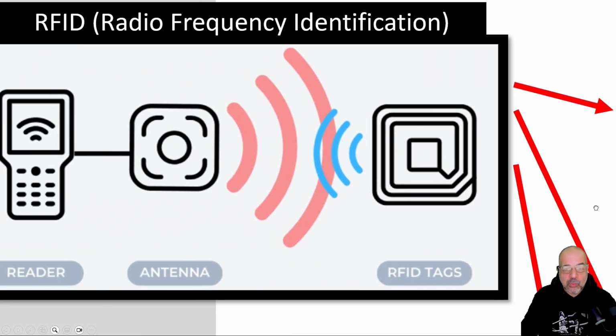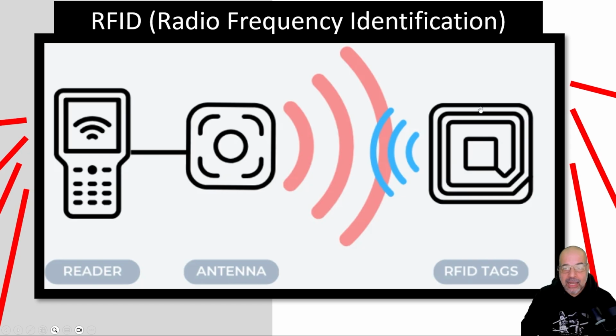And what happens is when we place the tag near the reader, the reader itself is broadcasting a radio frequency. That radio frequency, when it comes close enough to an RFID tag, the antenna in the RFID tag will be energized, producing some power, and that energizes the chip in the RFID tag to start transmitting.